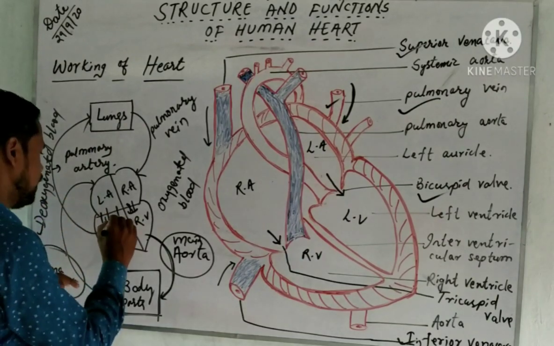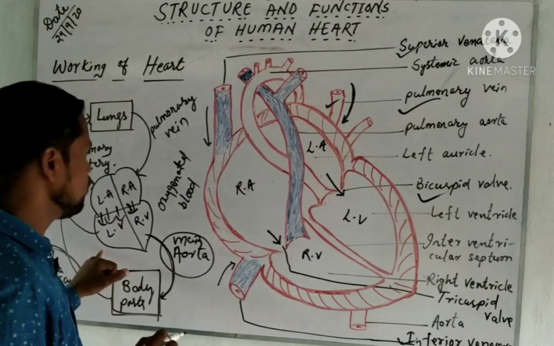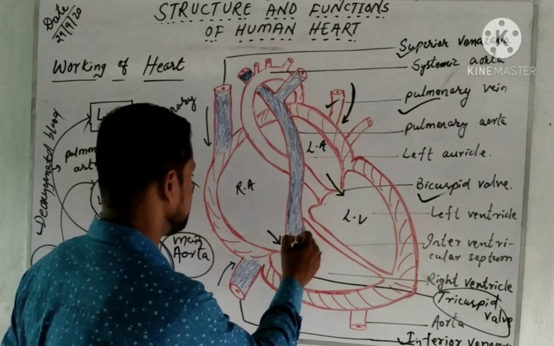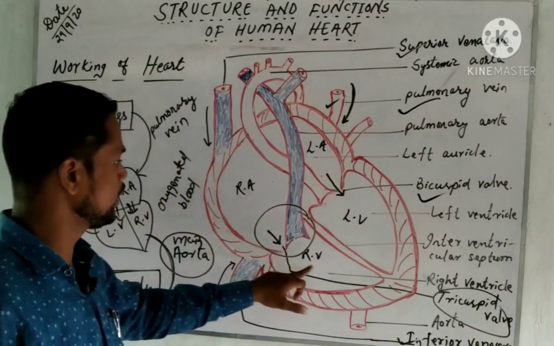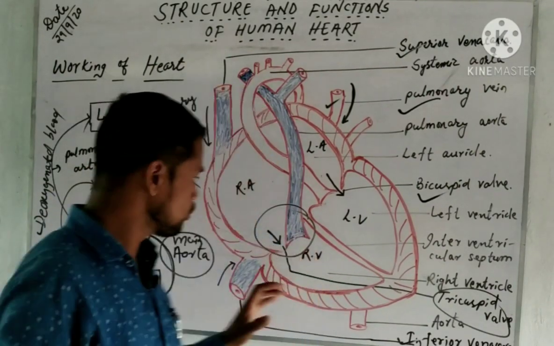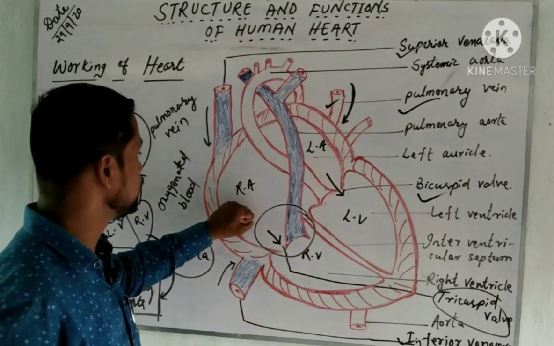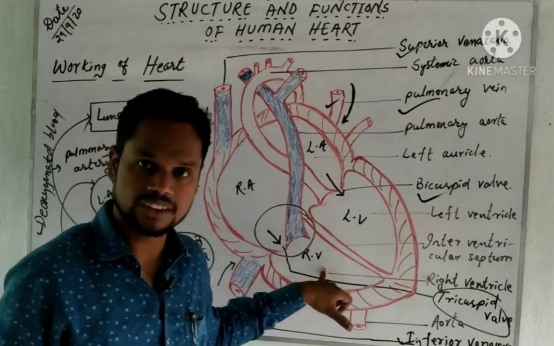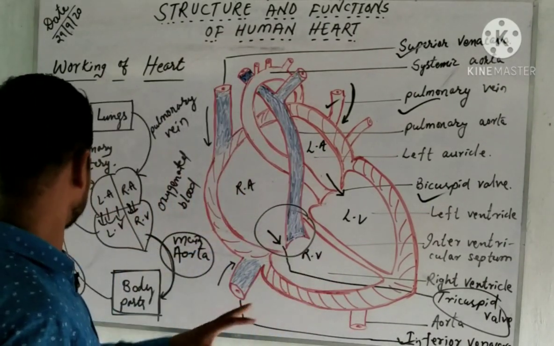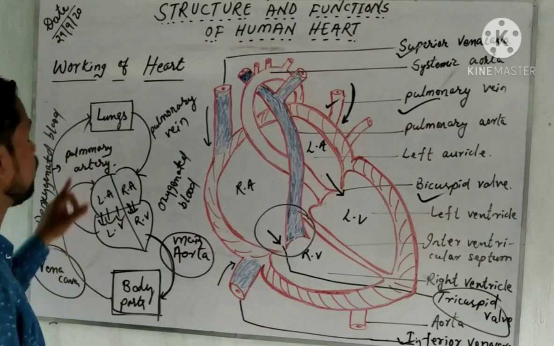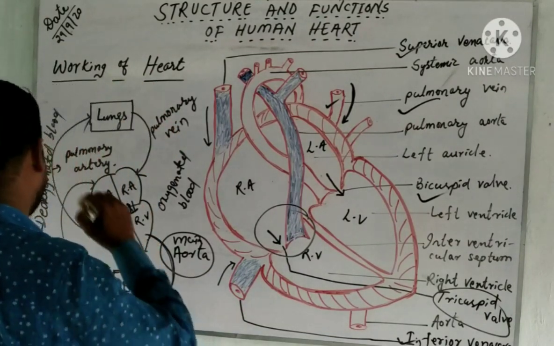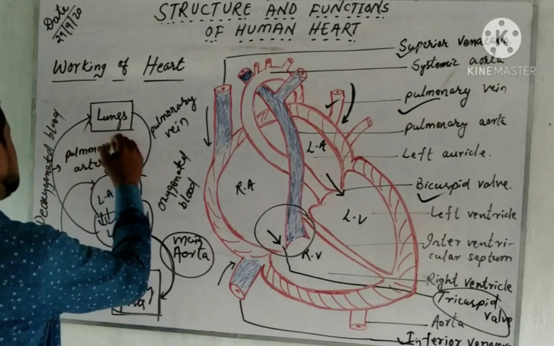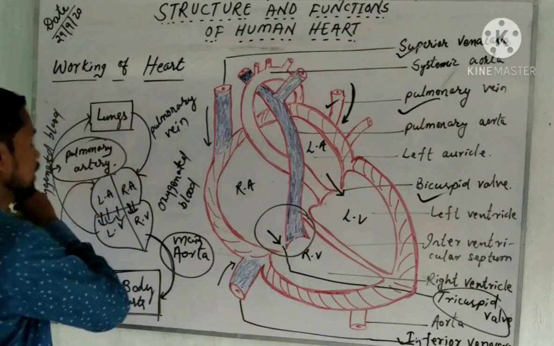In between the left auricle and left ventricle you will find the tricuspid valve. See here, the tricuspid valve is present between the right auricle and right ventricle. Due to the contraction of the right auricle, blood is forced to the right ventricle. From the right ventricle, blood will be supplied to the lungs for purification by the pulmonary artery.